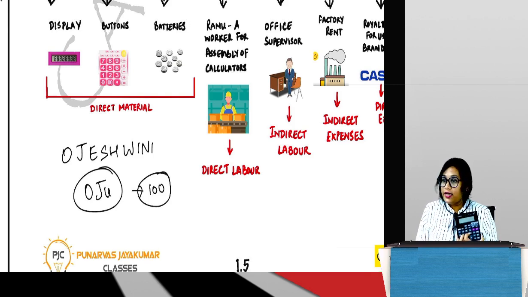So Oju says, okay, what solution will you give me for this? Now I am young, I have just started, you have been in the market for so long, obviously you have a brand. For me also, maybe 10 years down the line, I'll also have a brand. But how do I make sales now? What do I do? So the CEO says, okay, I have one solution.